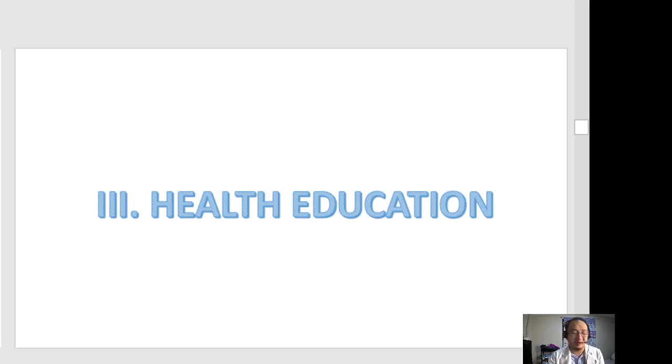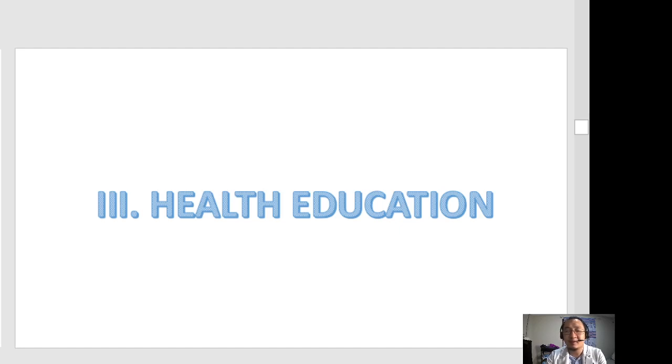Again, we're talking about the key areas of responsibilities, the core competencies of nursing, and we're on number three, which is health education. As we all know, health education is one of the basic responsibilities of a health practitioner, including that of a nurse.